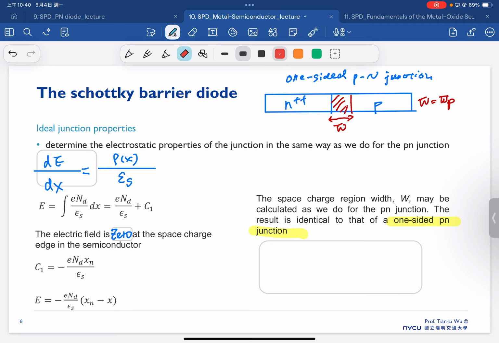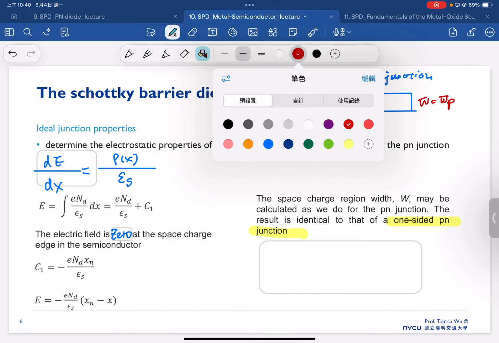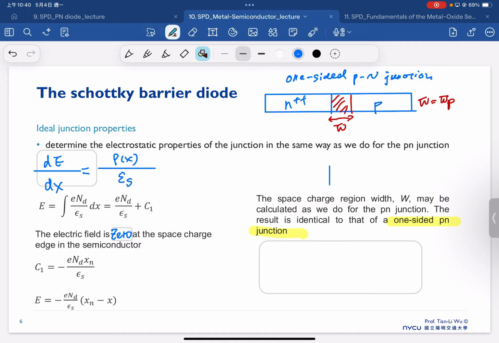Now we have this P here, but now we put a metal here, and you can consider the metal as a highly doped material, so it has exactly the same phenomenon as when we put the N++.